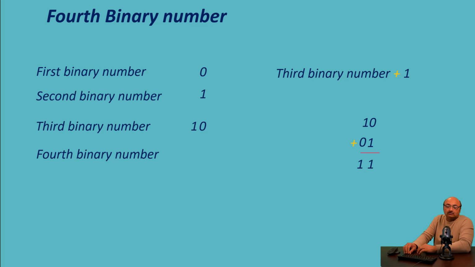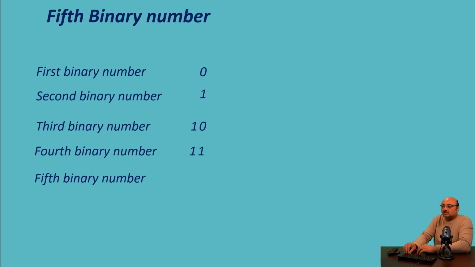Hence the fourth binary number is 1 1, not eleven but one-one. Then the fifth binary number: in the same way, we add 1 to the fourth binary number, 1 1. 1 and 1 give 0, and 1 gets carried over. Then we add these two ones, which results in 0 and 1 getting carried over, and that is how we derive the fifth binary number.